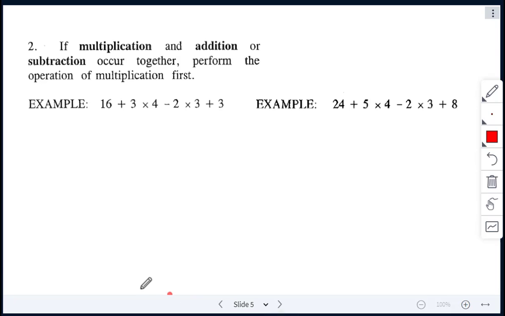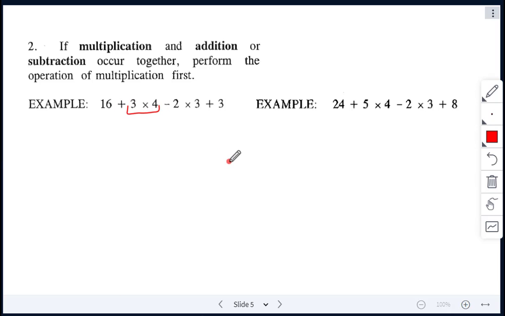All right, let's take a look at our next type of examples. In this one, we have multiplication and addition or subtraction occurring together. According to BEDMAS, we have to work with the multiplication first. So I'll do the first example. You guys can just follow along with the first example. I can see I have multiplication here.